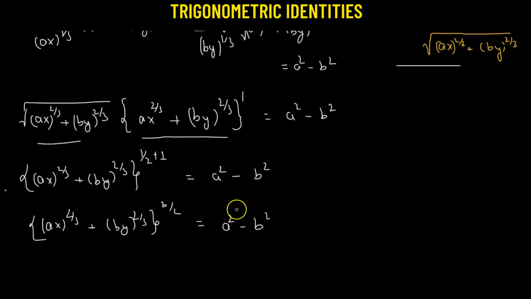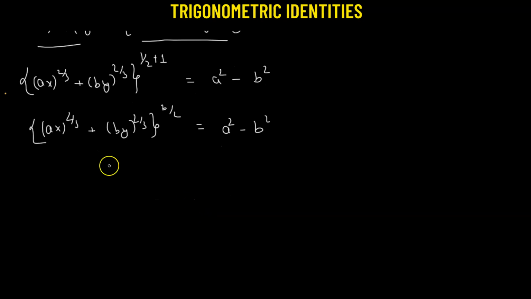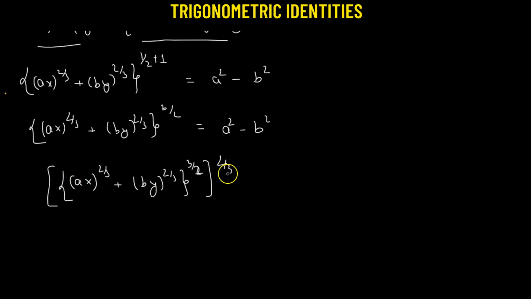Now we want to get rid of the power 3/2. So we are going to raise both sides to the power of 2/3. That's going to give us ((ax)^(2/3) + (by)^(2/3)) whole raised to the power of 3/2, which we then raise to the power of 2/3.